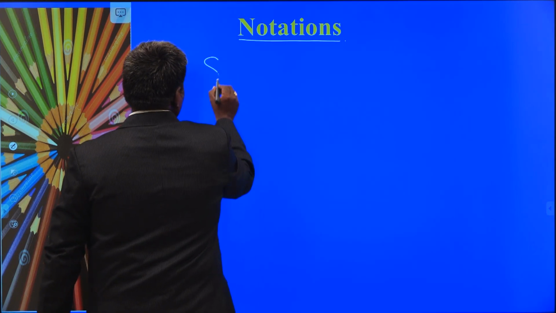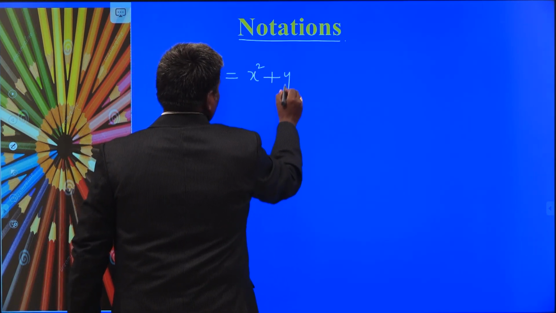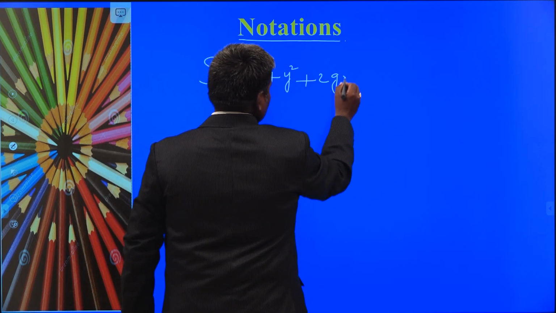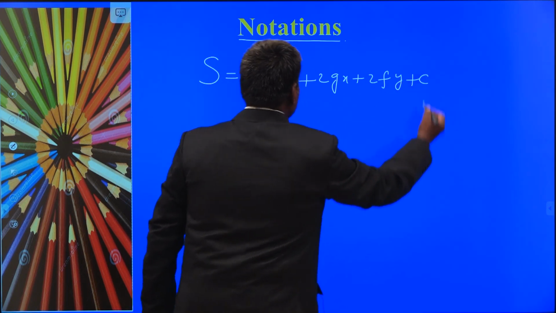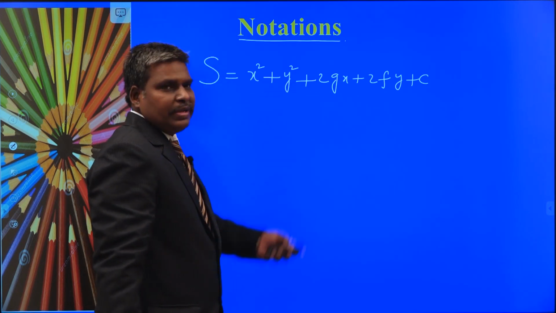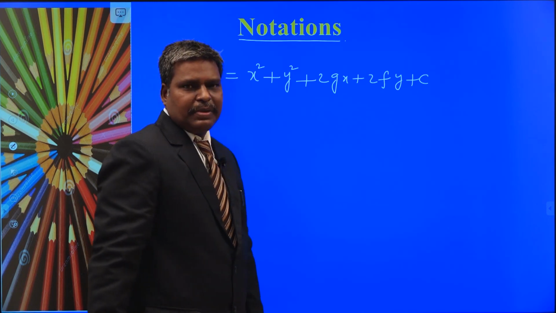S is equal to x square plus y square plus 2gx plus 2fy plus c. This is the first notation. Already we have used it so many times.